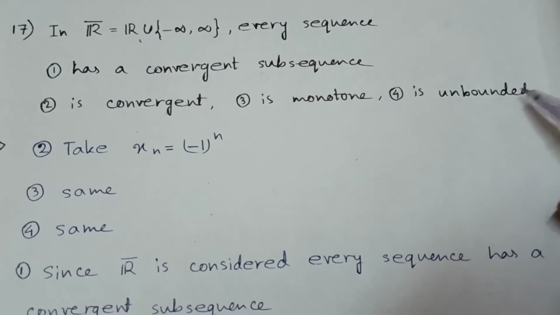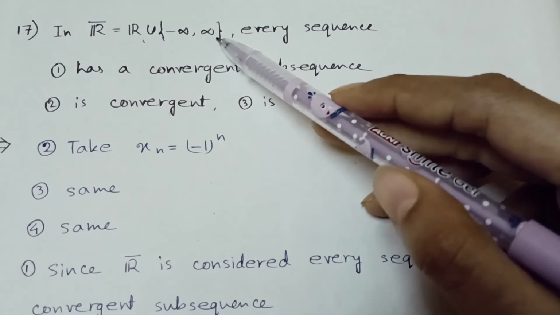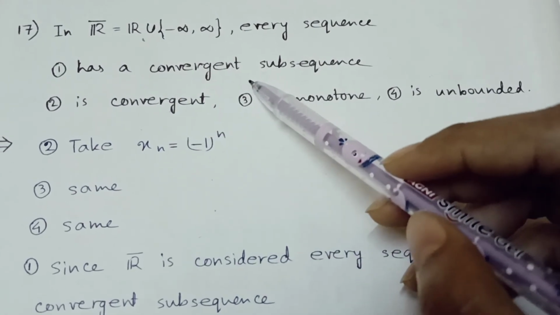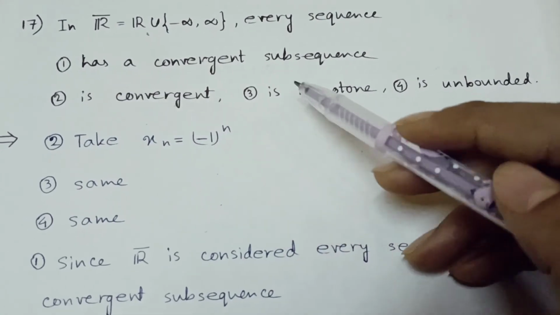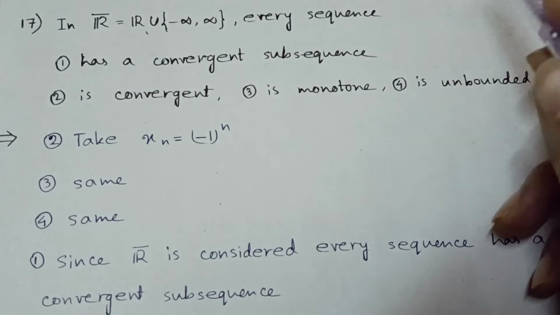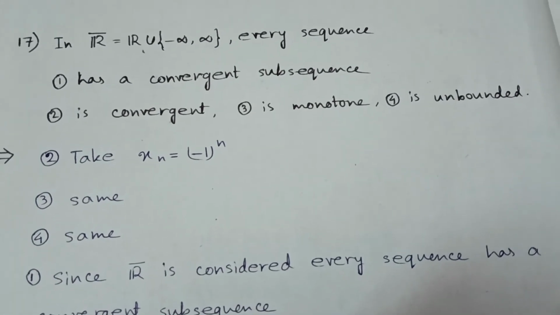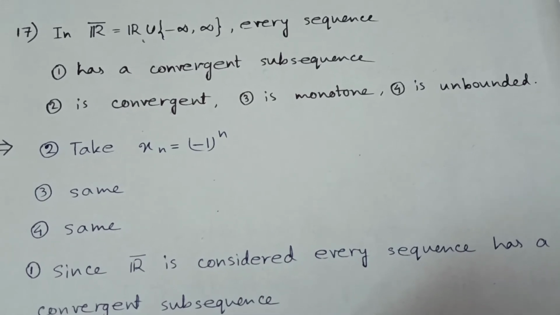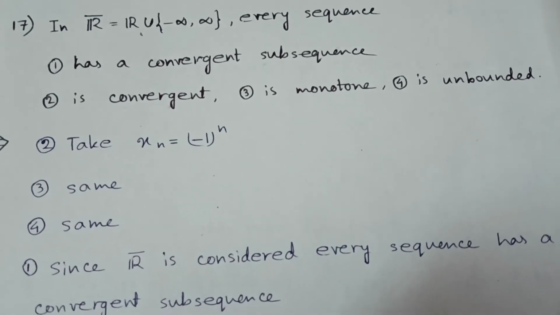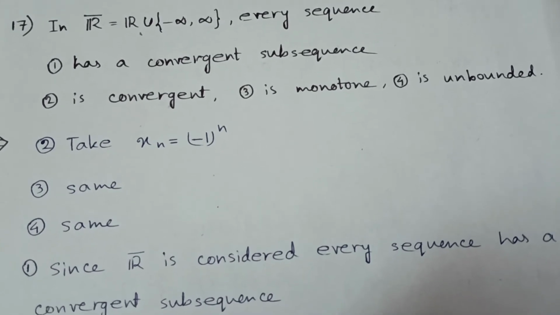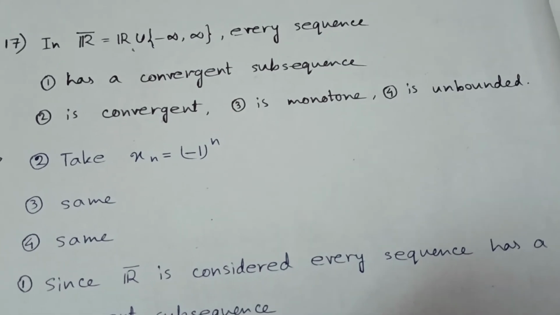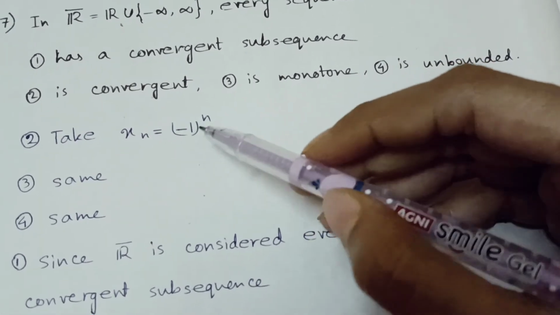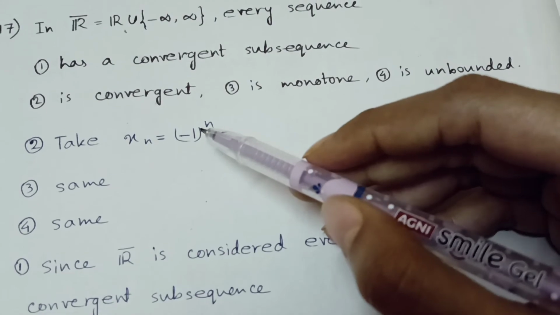The next question says that in the extended real line, every sequence has a convergent subsequence, is convergent, is monotone, or is unbounded. Now, the simplest approach to solve this question is discarding options. To discard option 2, you will take x_n is equal to (minus 1) whole to the power n. This sequence is not convergent.